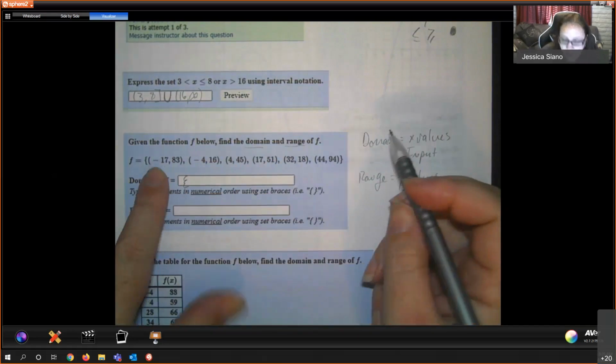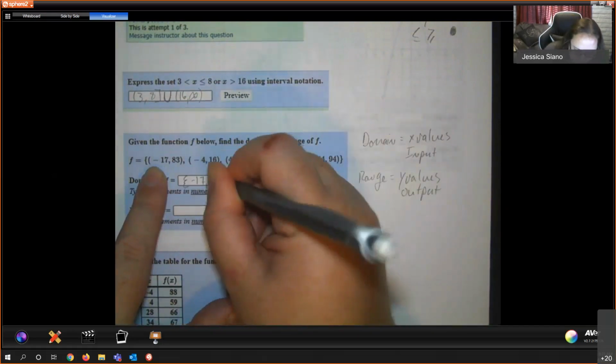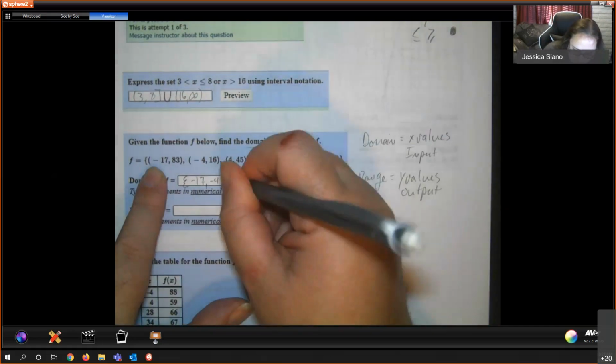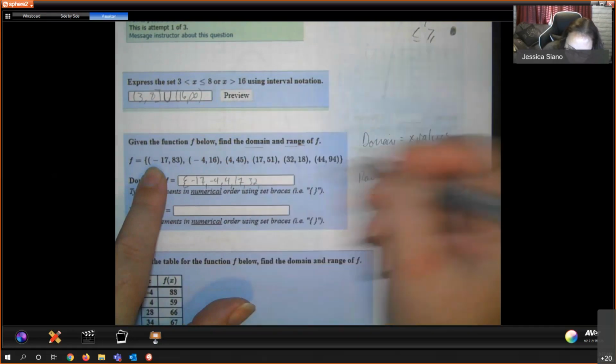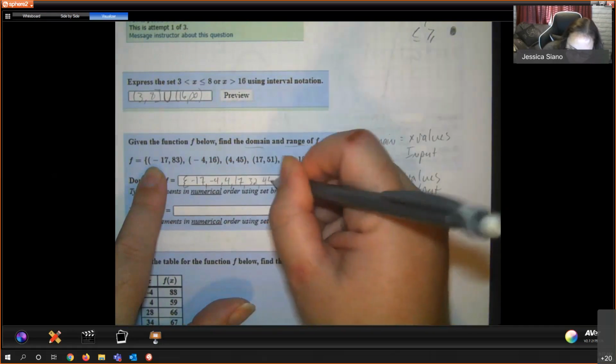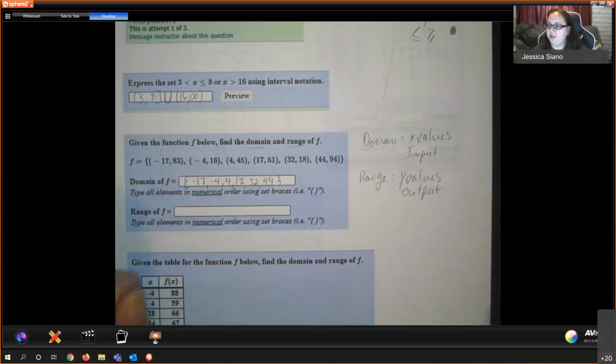They should be listed in order from least to greatest. So this would be -17, -4, 4, 17, 32, 44. And then close your brackets. Commas in between each one, please. Moore's going to get really picky about notation. Okay? And see, it even tells you right here in numerical order.